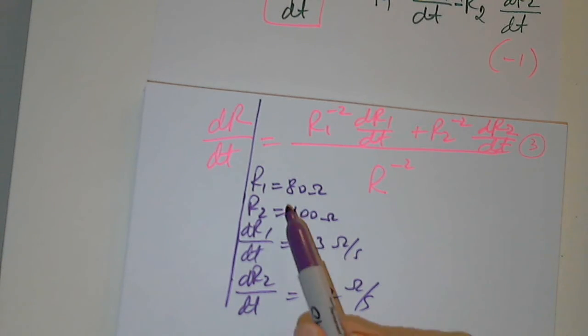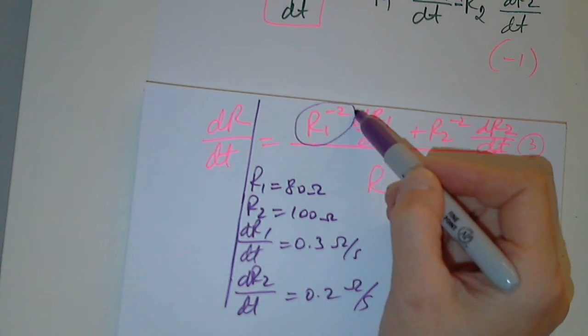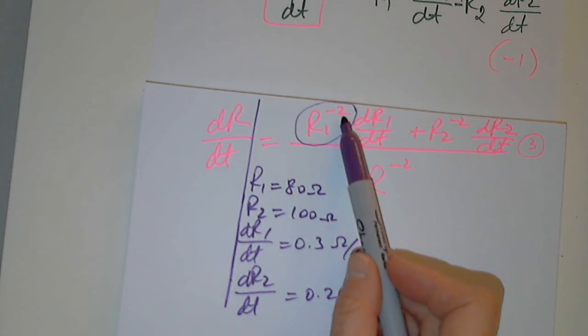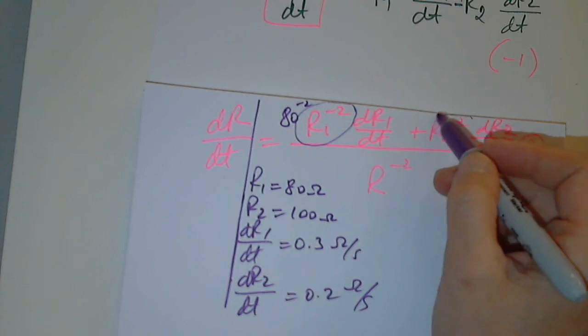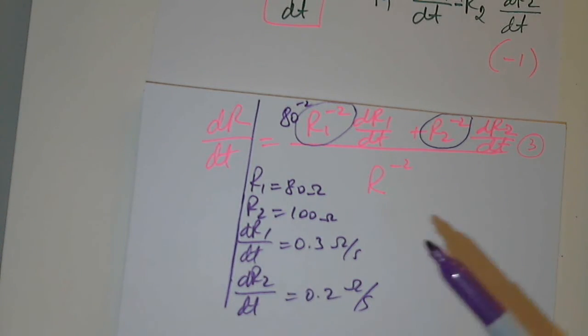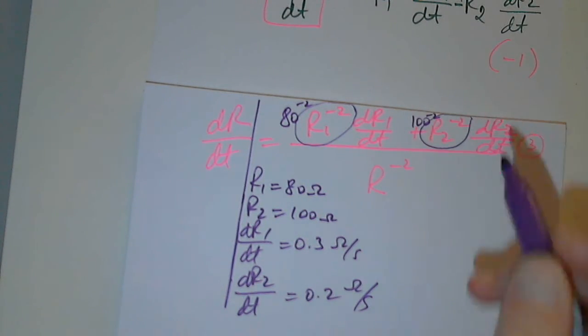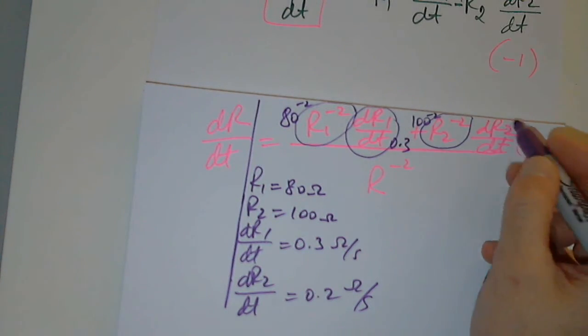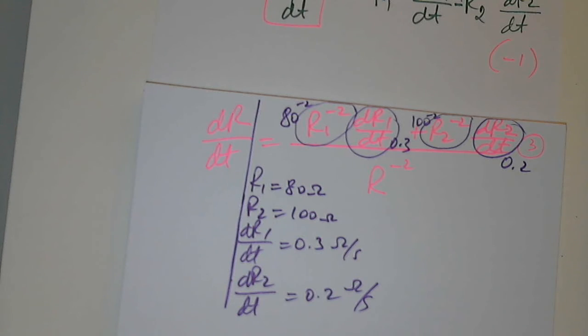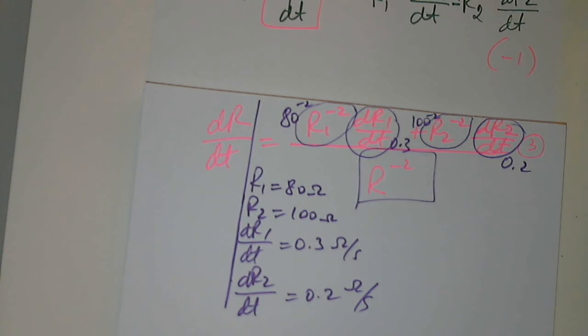So this I have: it's 80 raised to -2. This I have: 100 raised to -2. This I have is 0.3. This I have is 0.2. The only one that I don't have is R.